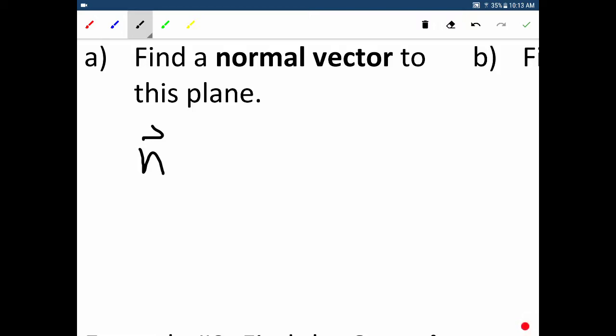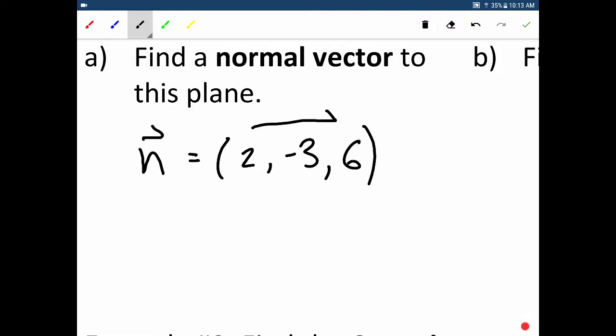The n value is just going to be the A value, the B value, and the C value. So we'll have 2. And then we had a minus 3y, so it'll be minus 3. And then we had a plus 6z, so we write a 6. The D value, when you're coming up with the normal, is not relevant to it. So that's all there is.